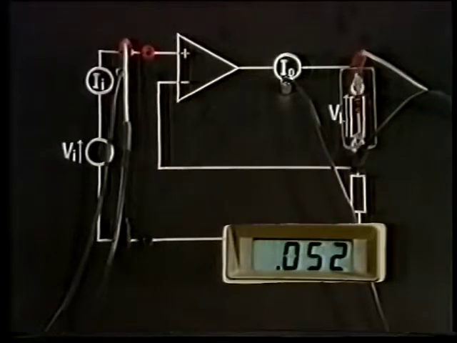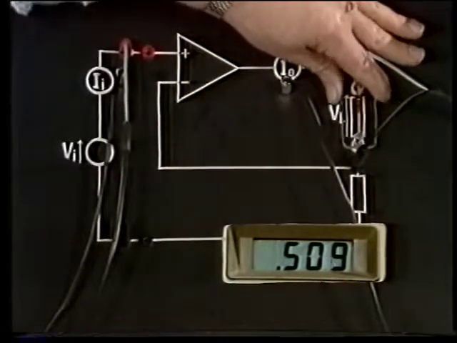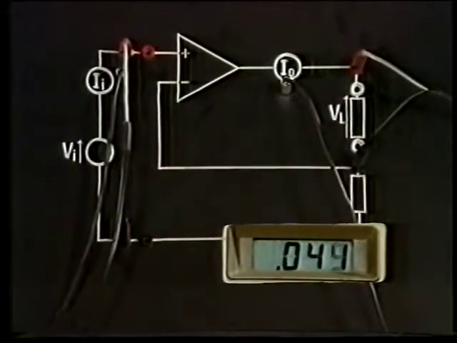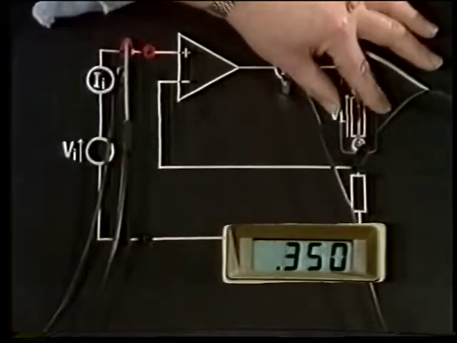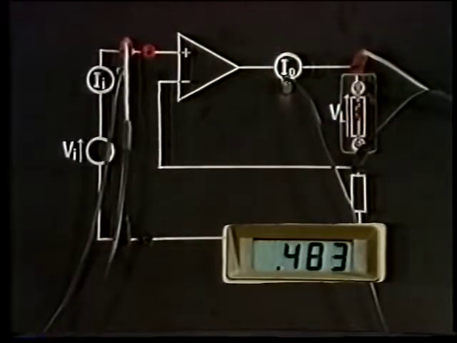And the output current, it'll take a little time to settle, well, that's around 500 microamps. Now I'll try the 1 kilo ohm load. The output current, well, that's still around 500 microamps, and the input current, well, that's still around the 50 microamps. So the same as before, and the current gain hasn't changed.